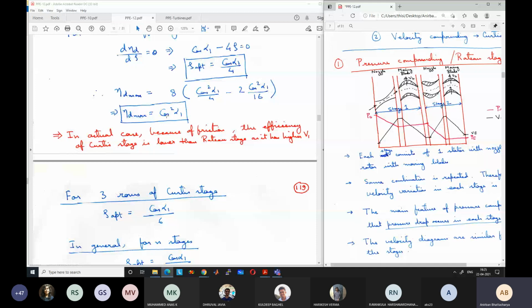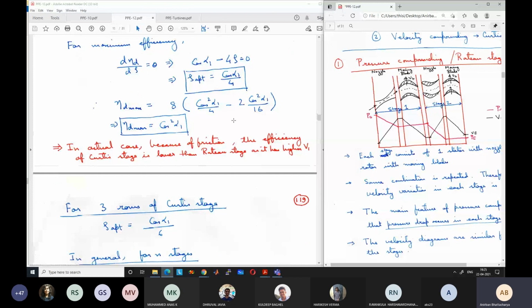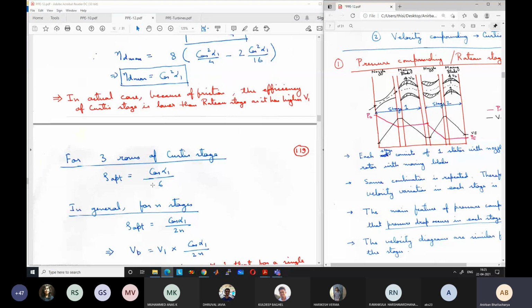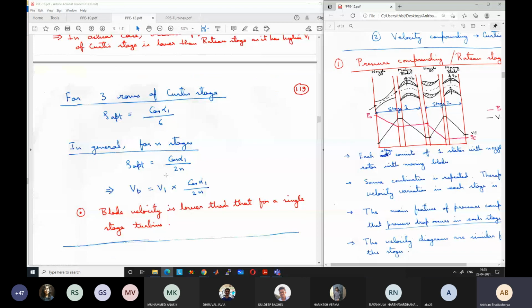Similarly, if we have 3 rows, for 2 rows rho optimum is cos alpha 1 by 4, for 3 rows it will be cos alpha 1 by 6. We will not do the calculation because we have to draw 3 velocity diagrams. In general, for n rows, we have rho optimum to be cos alpha 1 by 2n. So the higher the number of stages, lower will be the blade velocity than that for a single stage turbine.